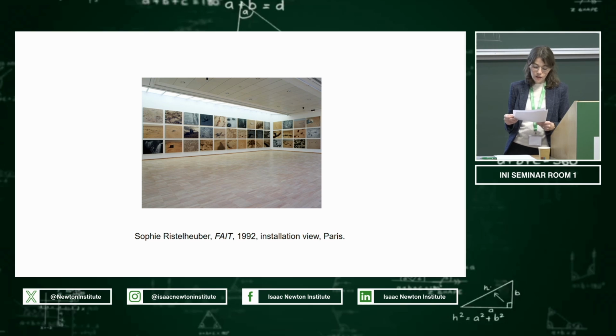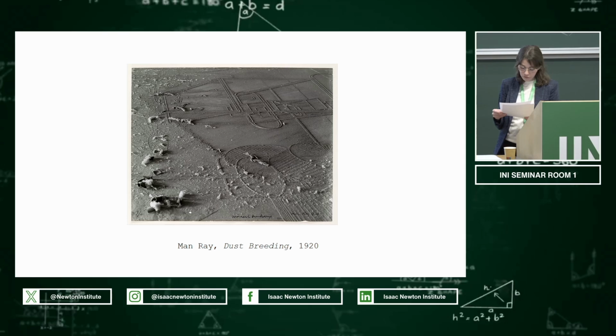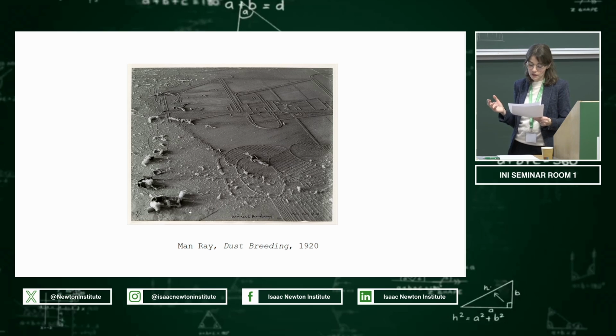The artist has discussed how the project started when she saw a thumbnail-sized image of an aerial view of the Kuwaiti desert in Time magazine, and it instantly reminded her of this artwork. This is a piece by Man Ray and Marcel Duchamp called Dust Breeding from 1920.